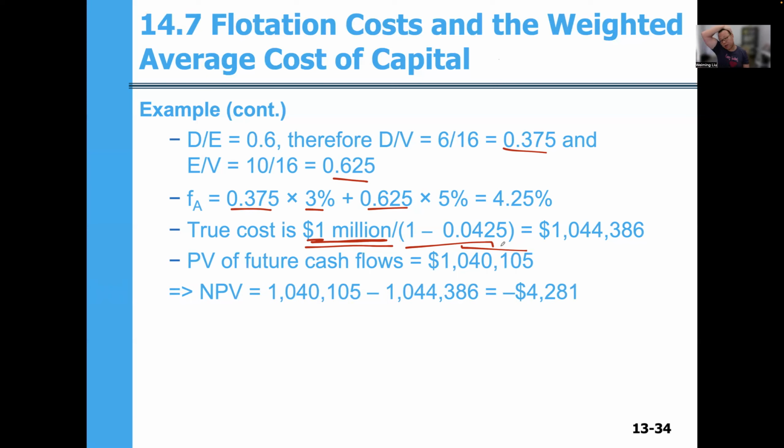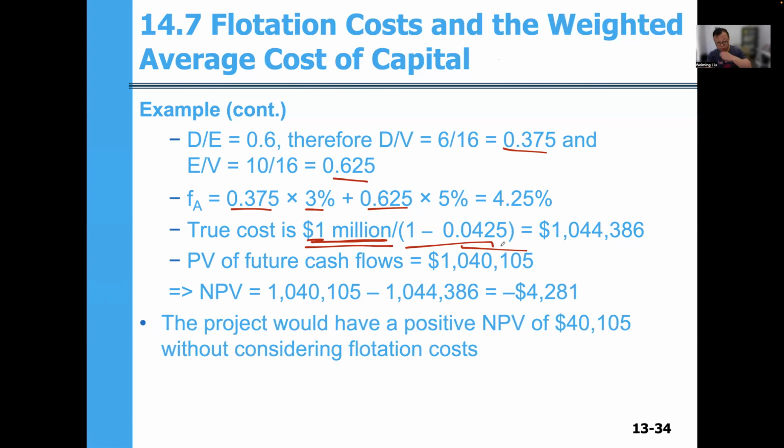Your present value of future cash flow minus your cost. So that's a negative $4,281. So this one should be rejected. If you take a look at this number, if you do not consider the flotation cost, the cost will be 1 million.